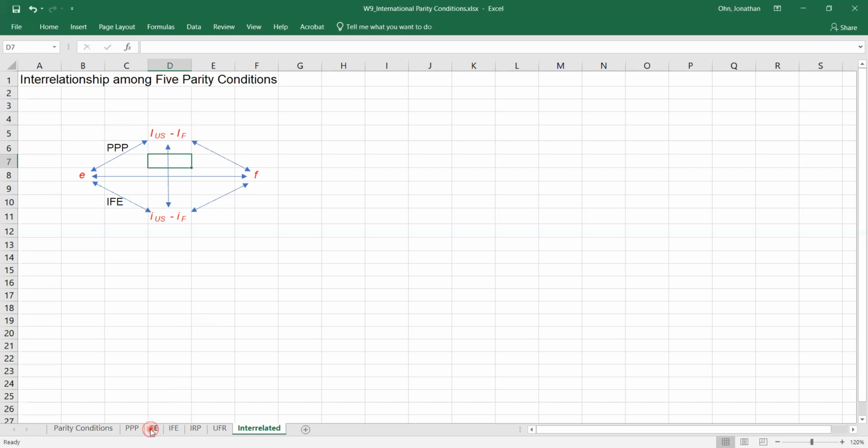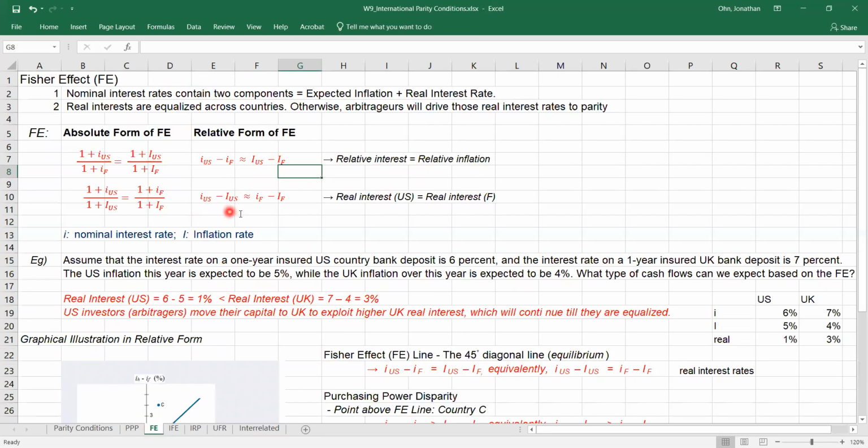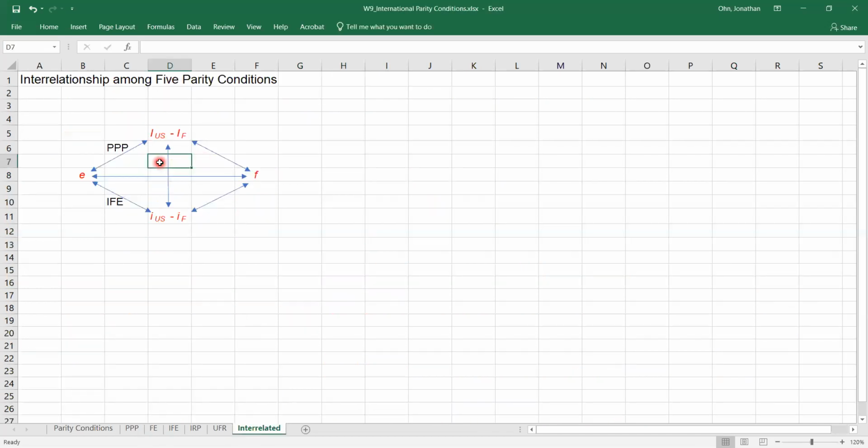If you look at this one here, Fisher effect, what do you see? Relative interest rate and relative inflation should be equal. So this one should be the Fisher effect.